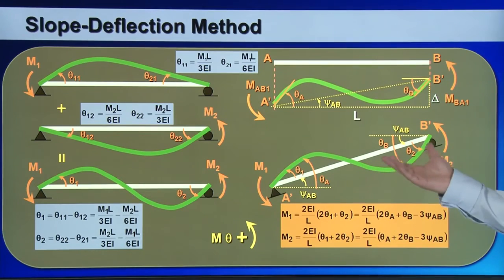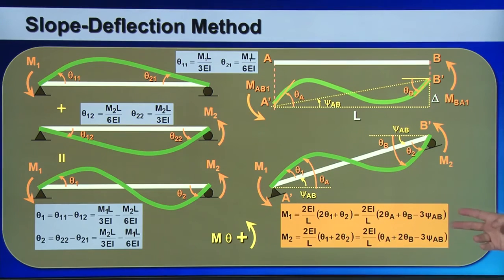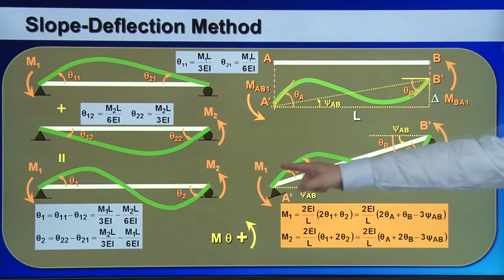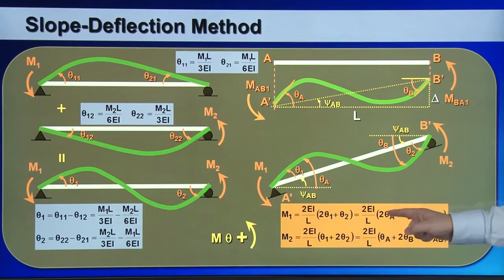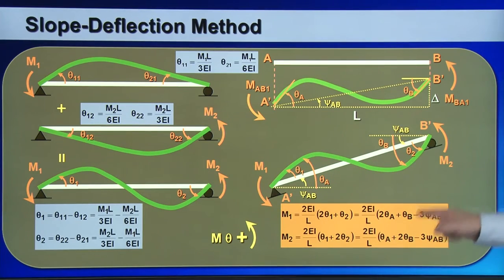Substituting these relationships into the expressions, I can set up these two equations. So M1 is equal to 2EI over L, bracket 2 theta A plus 1 theta B, minus 3 times the rigid body rotation angle, psi AB.